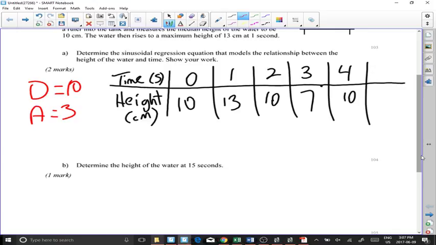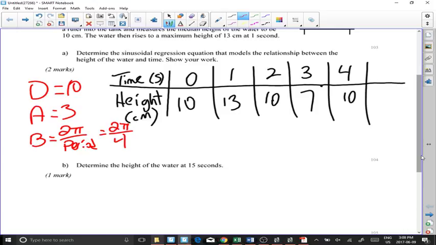So here's what we know. B is always equal to 2 pi over the period. So it's going to be 2 pi over 4. I can just leave it as 2 pi over 4 if I want, or I can leave it as pi over 2, doesn't matter.